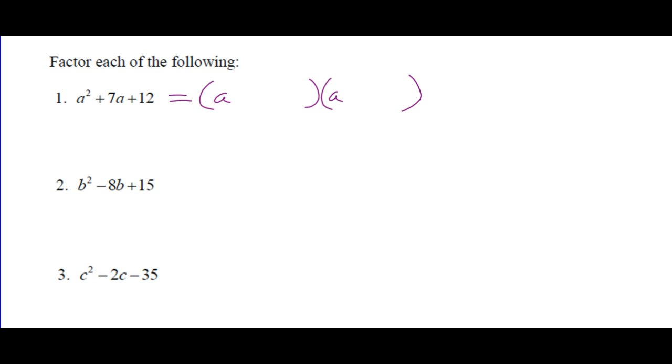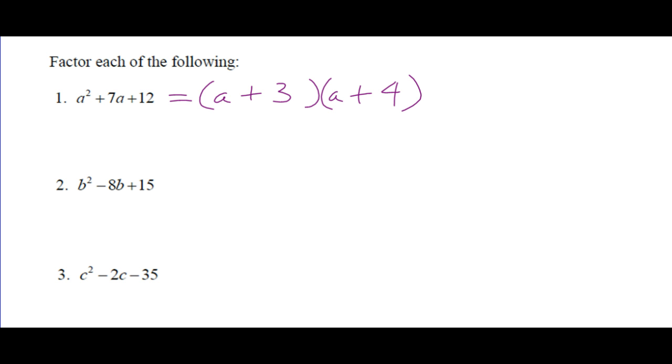My last term is positive, which means both of these have the same sign, and the middle term is positive, so they're both plus. So this is what my factored form looks like, before I even worry about numbers. Now, two numbers that multiply to 12 and add up to 7: 3 and 4. It doesn't matter what order you write them in.